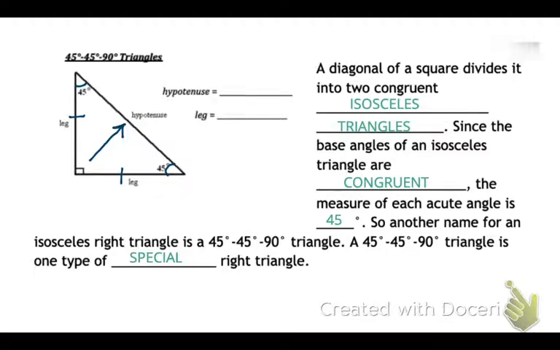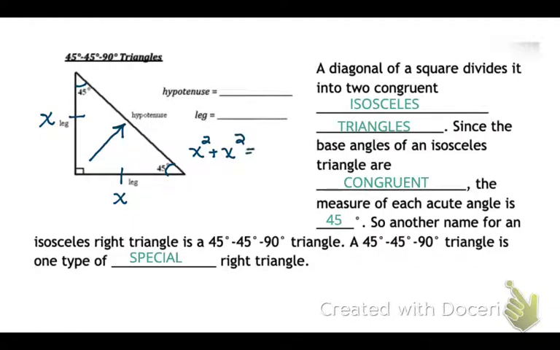So if we were going to think about setting up Pythagorean theorem for this right triangle, we would say a squared plus b squared equals c squared, but because these two legs are the same measure, I can call them both x, so we would still say x squared plus x squared.